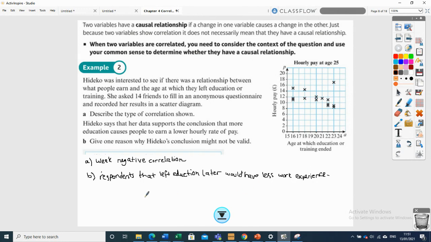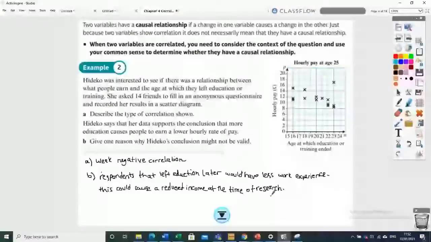This could cause a reduced income at the time of the research. Certainly not the fact that they've got more education. That has not caused them to earn a lower rate of pay.